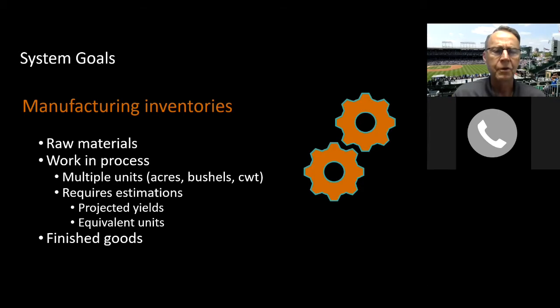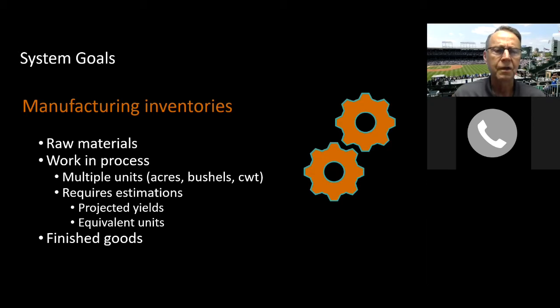Now, work in process is particularly challenging in agriculture because we have multiple units. We need to be able to track acres and bushels and hundredweight, as well as just simple units. It oftentimes requires some estimations because we don't know until we harvest what our yields are or what our fertility is in breeding stock.